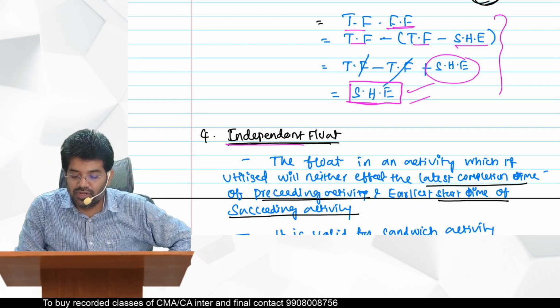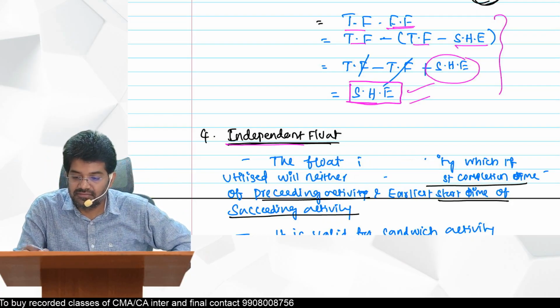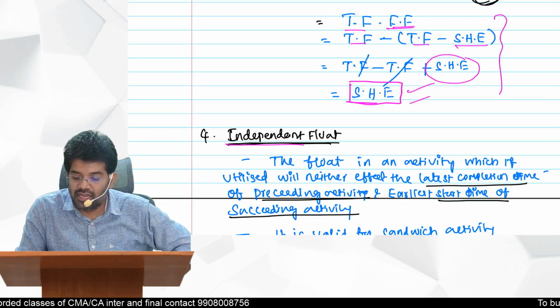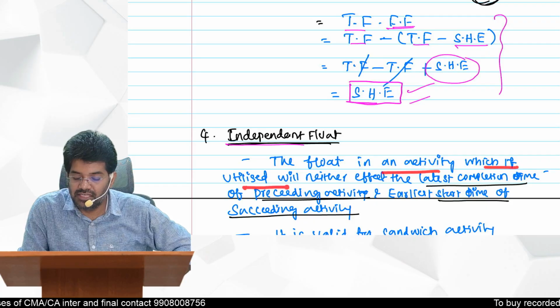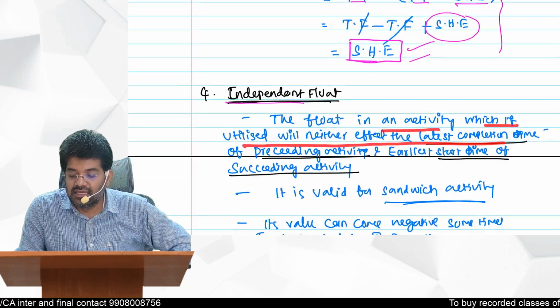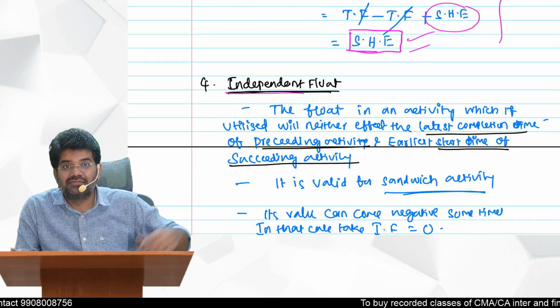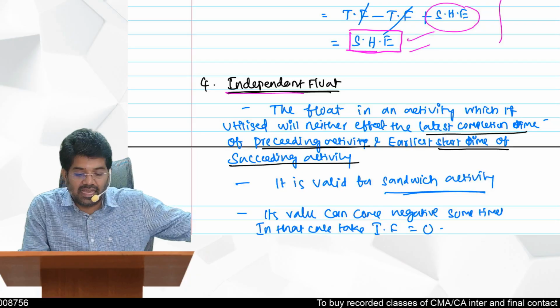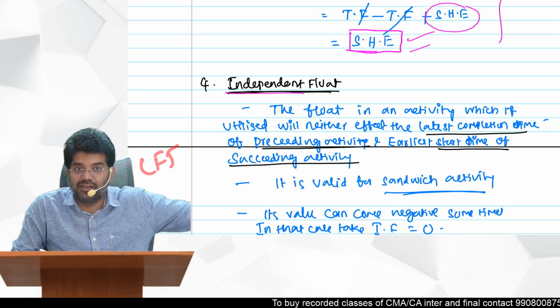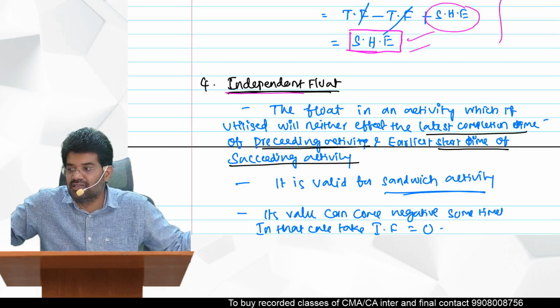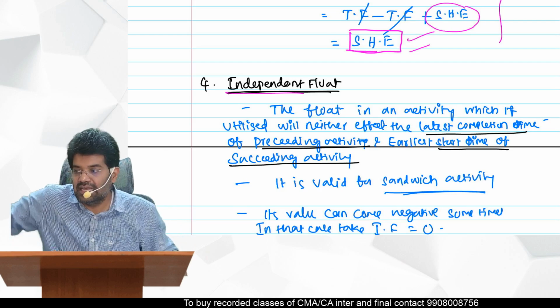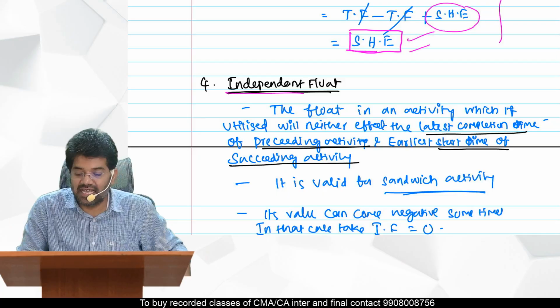See here, the float in an activity which, if utilized, will neither affect the latest finish time of the preceding activity, LFT of preceding, which is nothing but the L value of the event, nor the E value, the earliest start time of the succeeding activity.